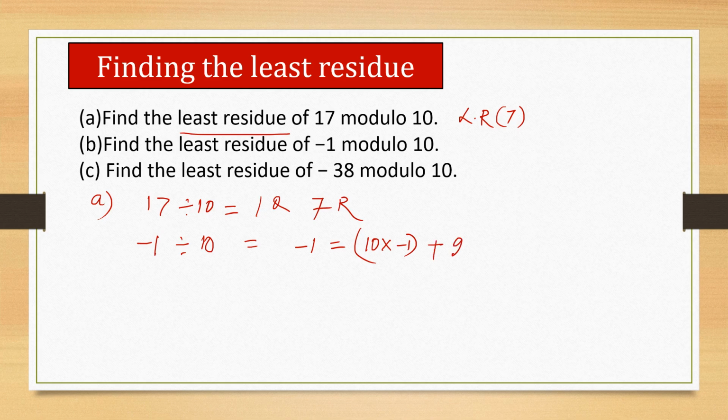So 9 is the remainder here. Or you can think of -1 divided by 10: -1, -10, subtract it, it will be 9. So 9 is the remainder here, and so it will be the residue.